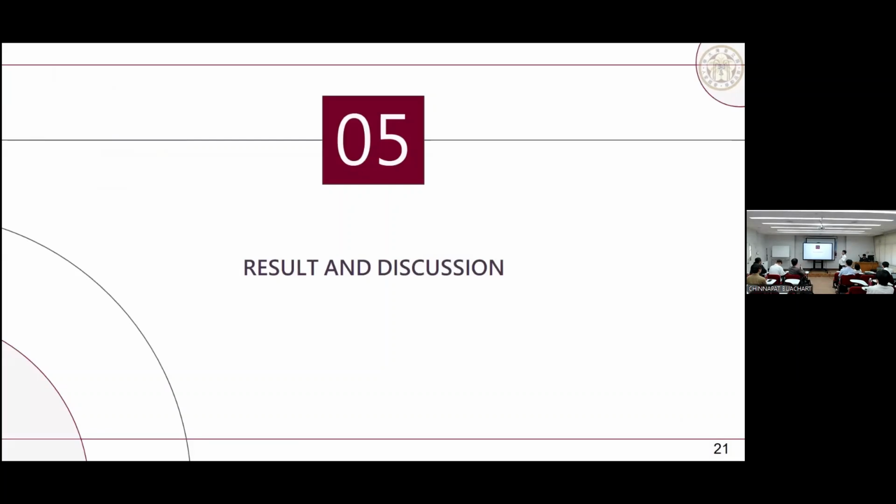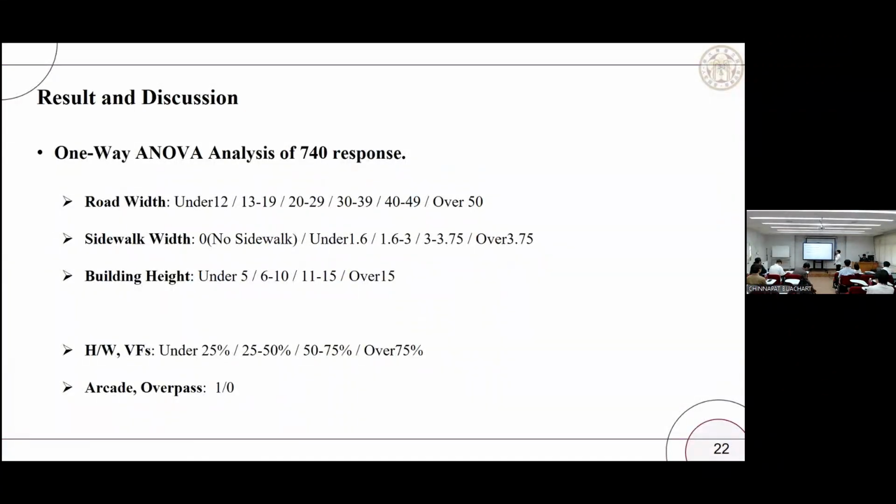Our experiment and analysis are still going on, but I still want to share some results and discussion so far. We have done a one-way ANOVA analysis for the 740 responses so far. Here are the groups that we divide each parameter into.